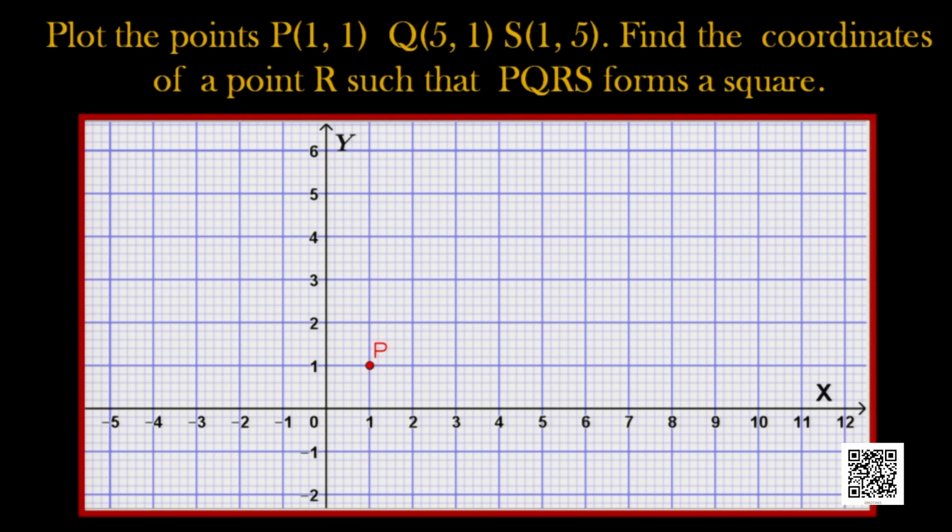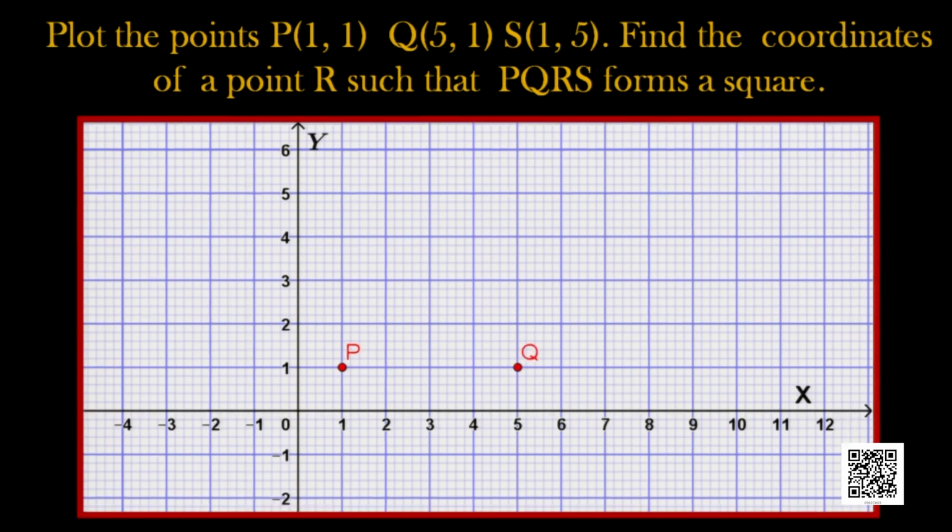Again we have to plot the point Q in the same way. The coordinates of Q are (5, 1). Therefore we have to go 5 units along the x-axis and 1 unit along the y-axis, and this is Q. And about S, this is (1, 5).